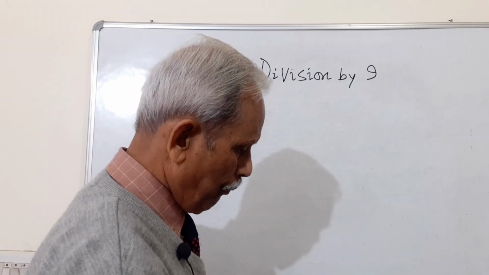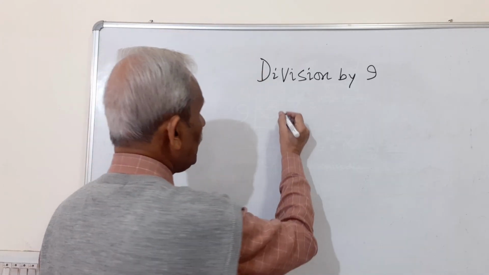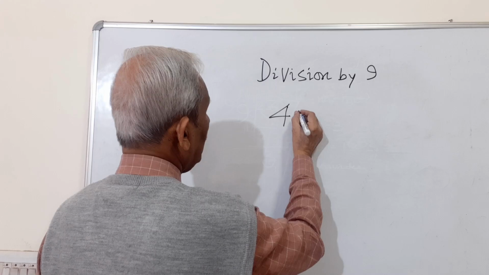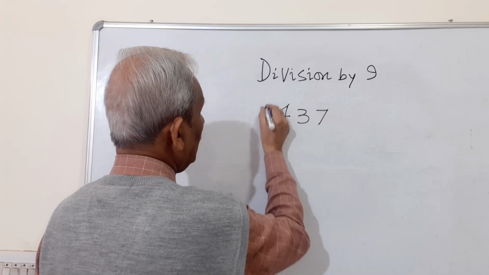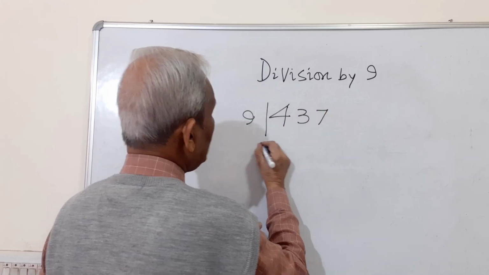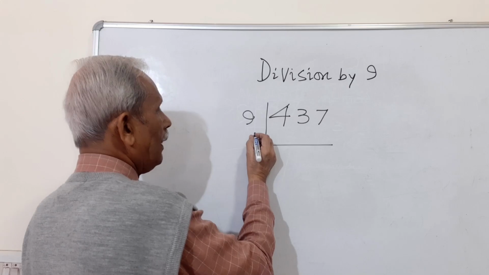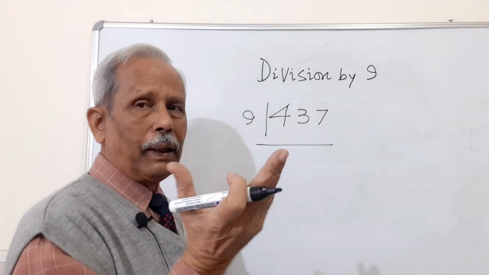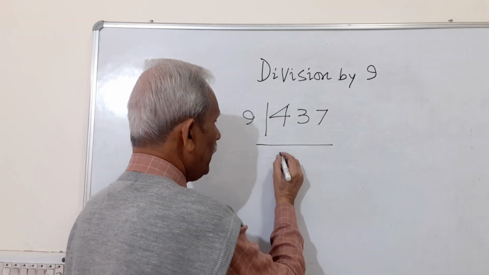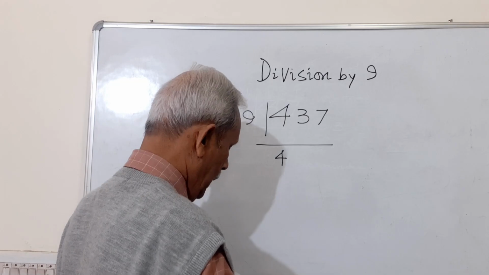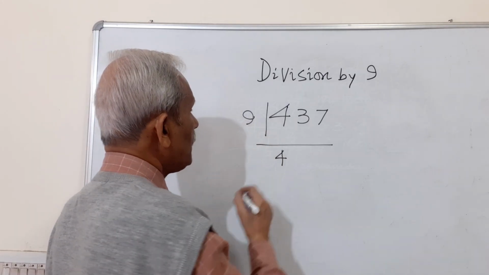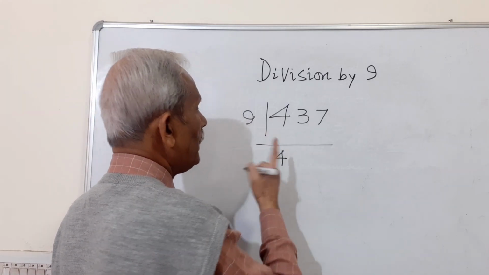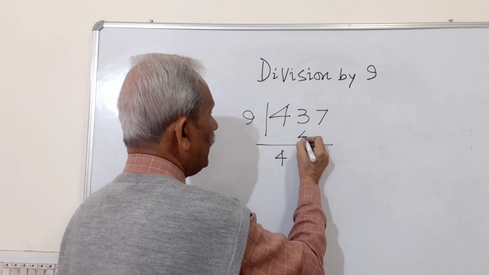Now let us do the division of say 437 by 9. As it is, I am not writing 1 now, you remember it. I bring down 4 here. Then after that, 4 into 1 is 4. I write 4 here.